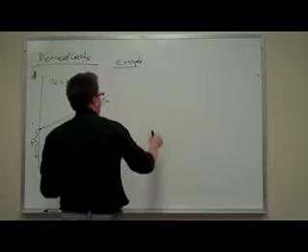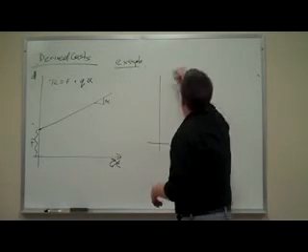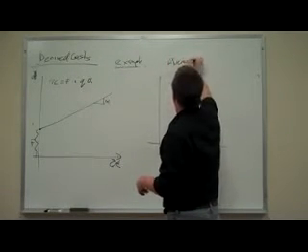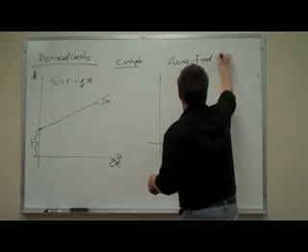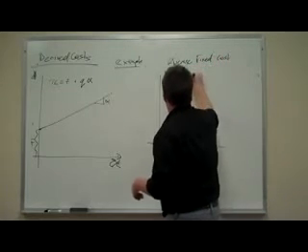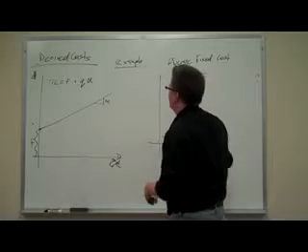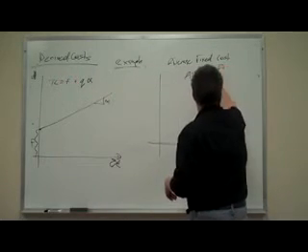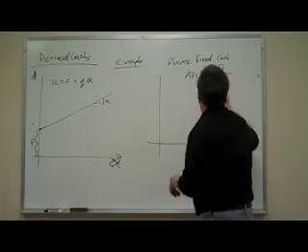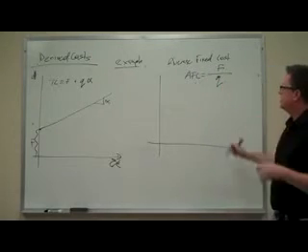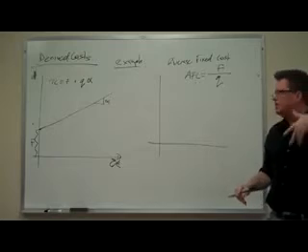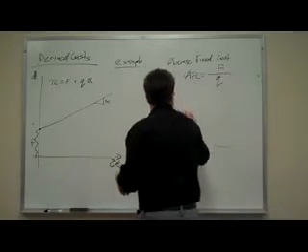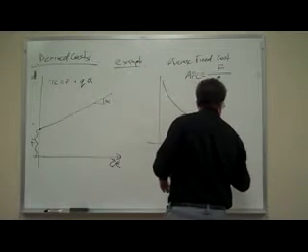If you're looking for the average fixed cost, so we'll call that AFC, just looking for this fixed cost component, right there, the F, you're dividing it by Q. So you're looking at a constant, which is going to be divided by a quantity. You should see that this is a hyperbola. And so you're observing something like this.